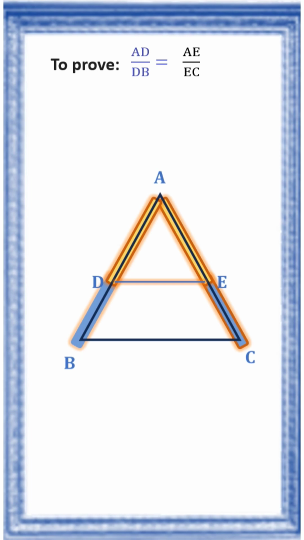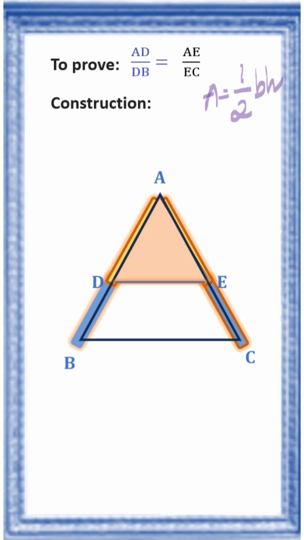Okay, we can find areas of triangles. Area is half into base into height. Now with the base AD, which triangle is there? ADE.